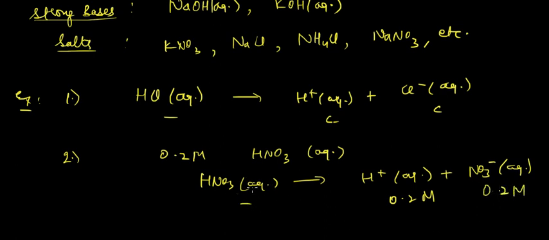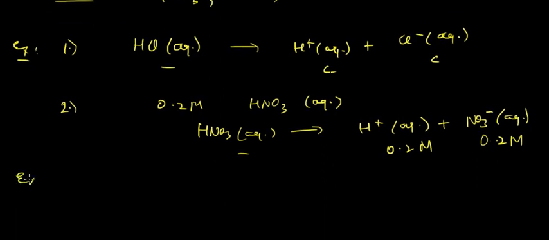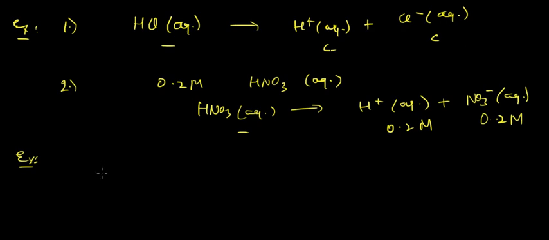Similarly, let me write down the dissociation of strong electrolytes. KOH breaks into K+ and OH-.